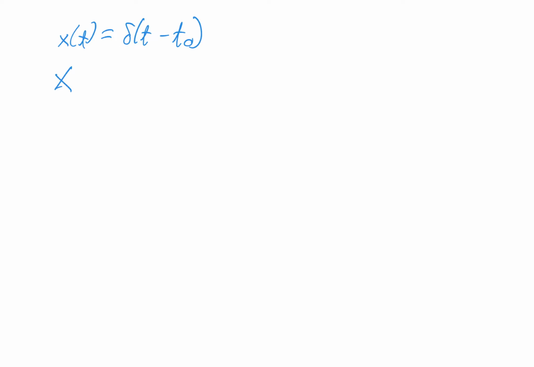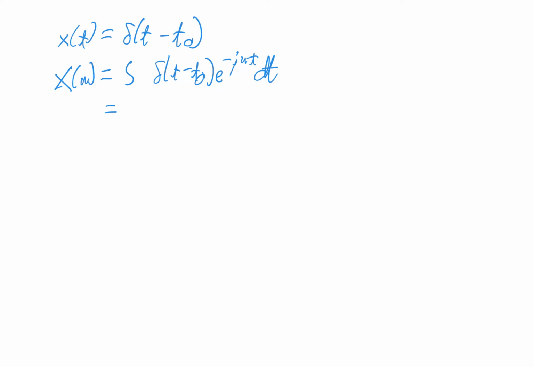So we have X of omega equal to the integral of that x of t function, delta of t minus t naught, and we multiply that by e to the minus j omega t to move to a function of frequency, integrate dt, and we're integrating from negative infinity to infinity.